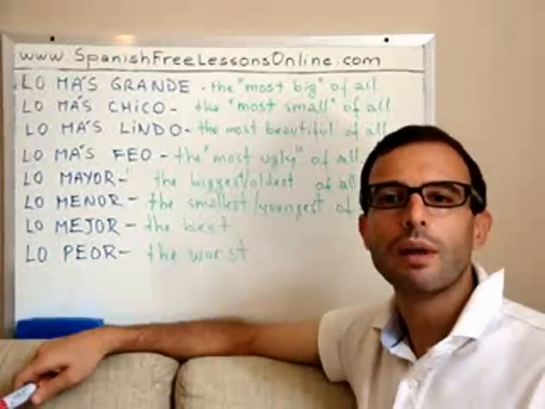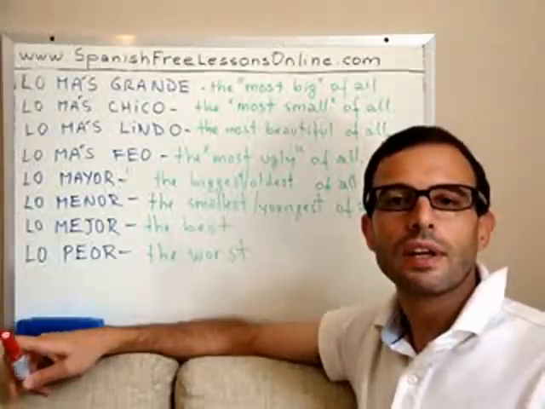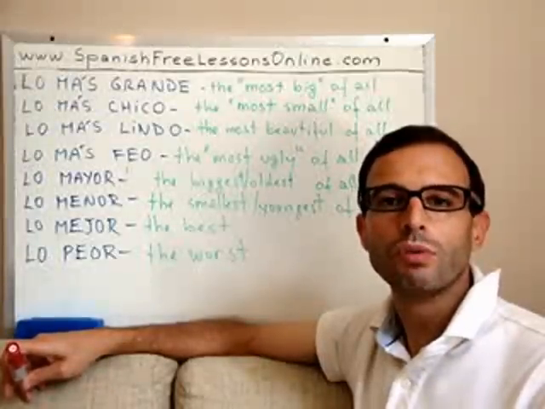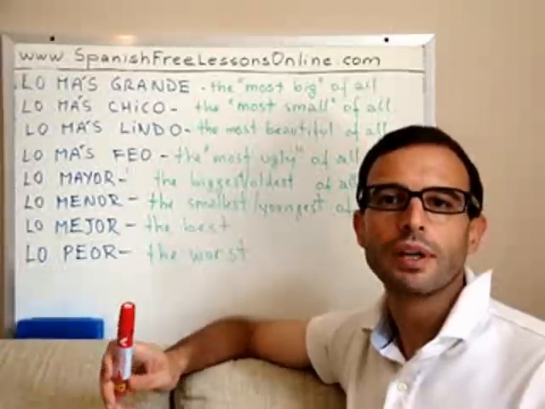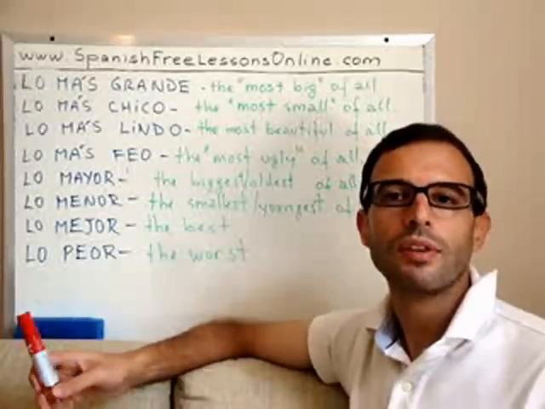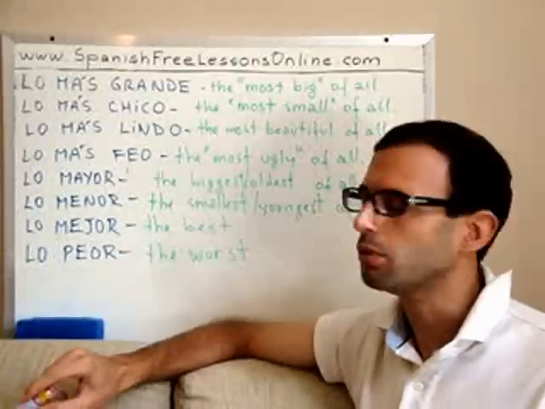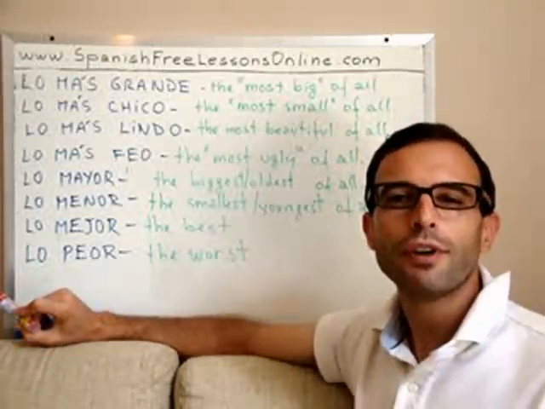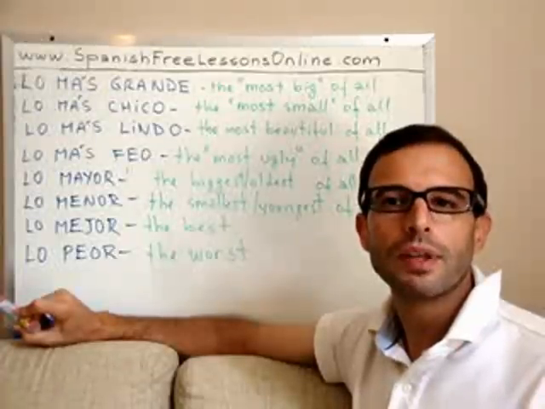We don't say el peor, because el peor is referring exactly to something particular that you have in mind, right? The best or the worst. You know exactly what you're referring to. But when you say lo, you're not referring to something explicit.